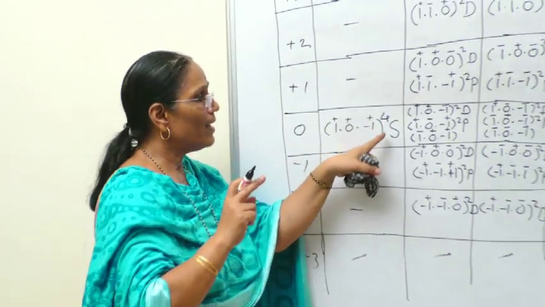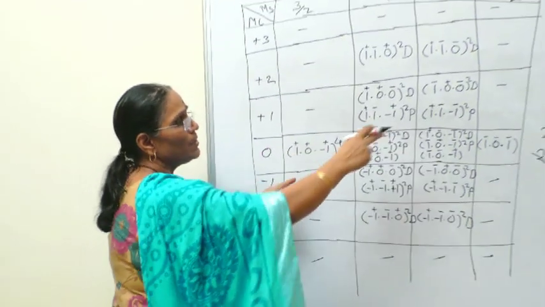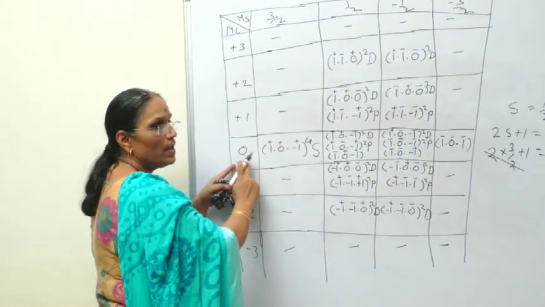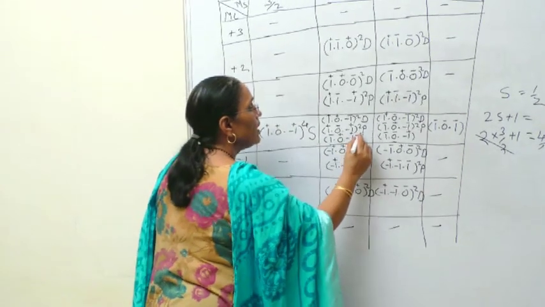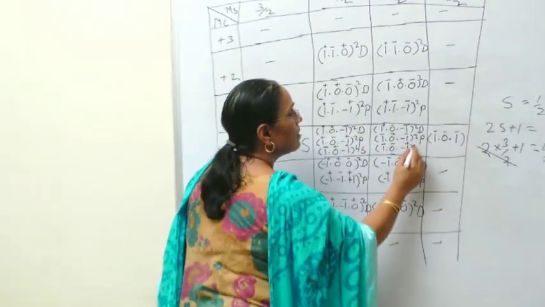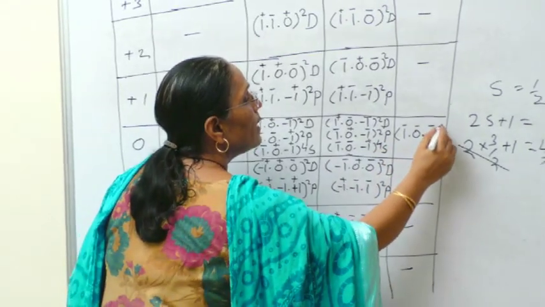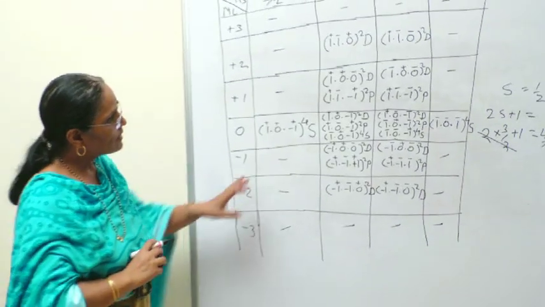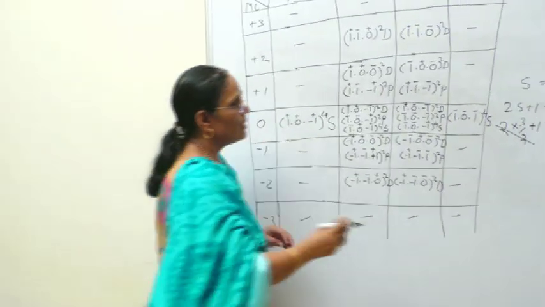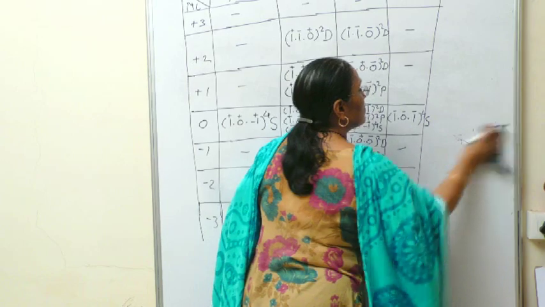Therefore this quartet S will occur under all these spin values but at only a single ML value, that is 0. So quartet S, then quartet S, and this is quartet S. In this way we have assigned all the microstates to different Russell-Saunders terms.